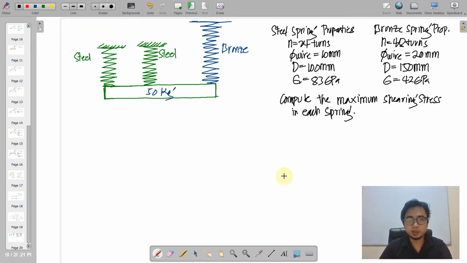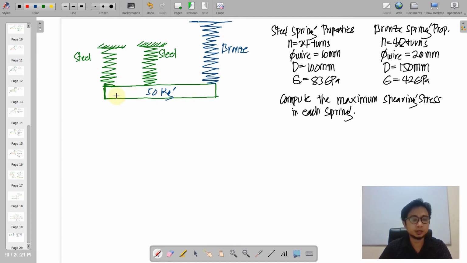Okay, so for this problem, we have 3 springs, and two of them are identical steel springs attached to this location, and then a bronze spring on the right edge of this platform hangs a 50 kilogram load.